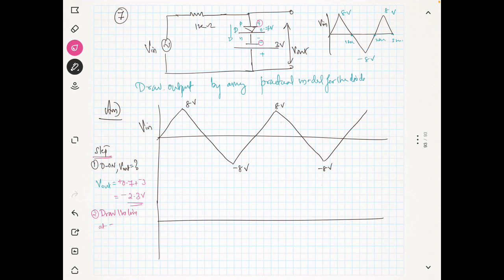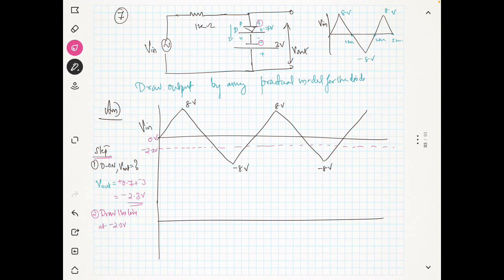at minus 2.3 volt. Somewhere here it is minus 2.3, because this is 0 volt, so this is minus 2.3 volt.